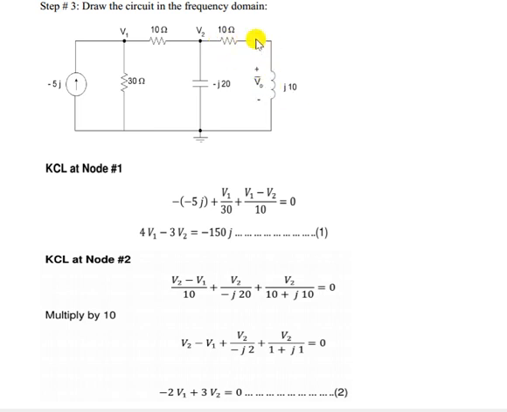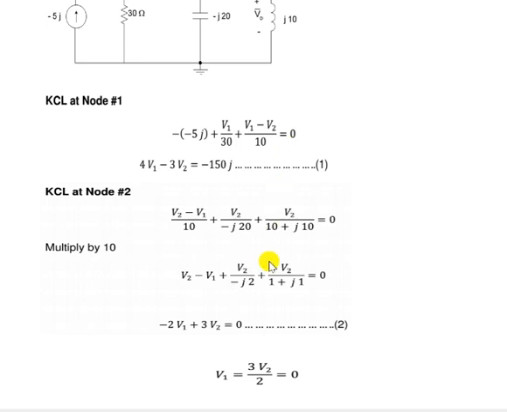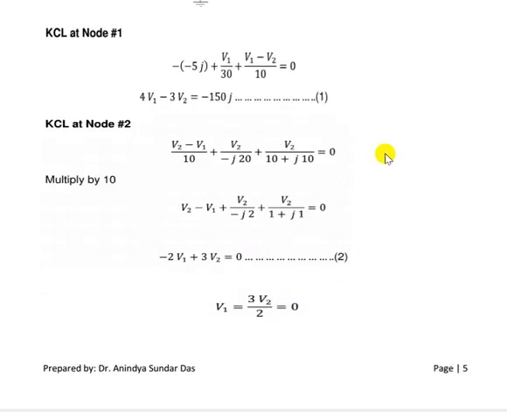Why? Because these two are in series, that is R plus jXL, so 10 plus j10. If it is a capacitor, minus j10, then 10 minus j10. You can solve it and you will get the second equation, and by solving these two equations you will get the V1 value.